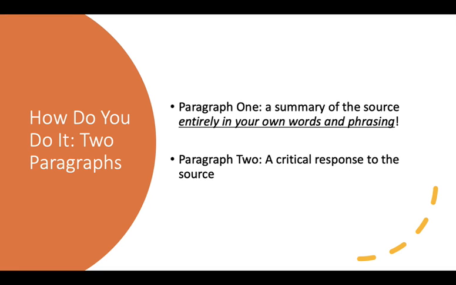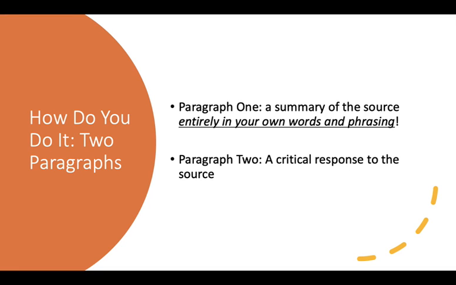If I have something really well phrased there, I'll sometimes use it if I need to quickly summarize a point of view in my paper. So it is essential that I have summarized that source entirely in my own words and phrasing to avoid all possible plagiarism. The second paragraph then is a critical response to the source.